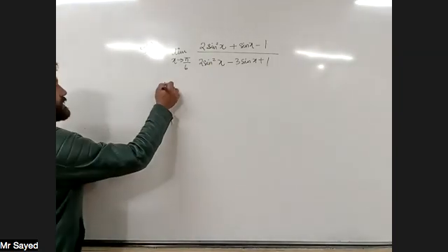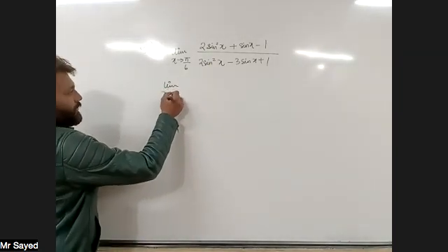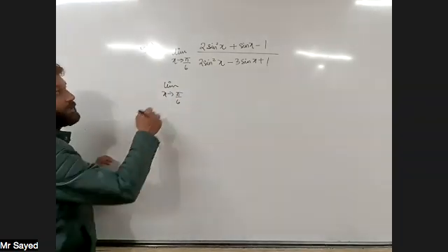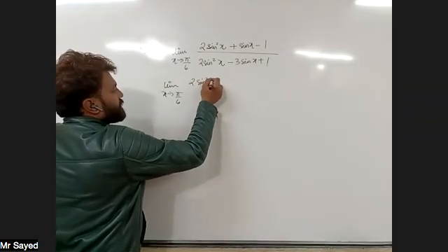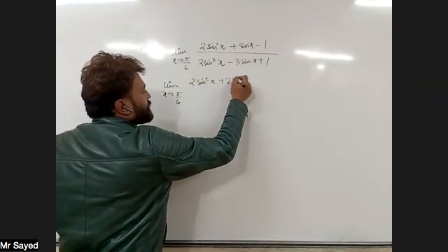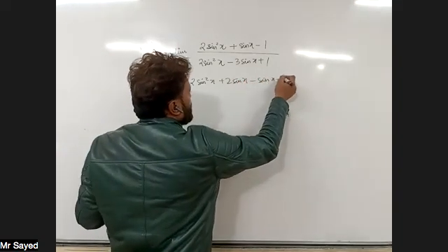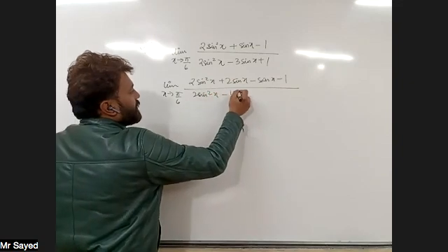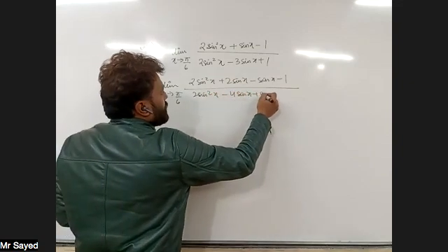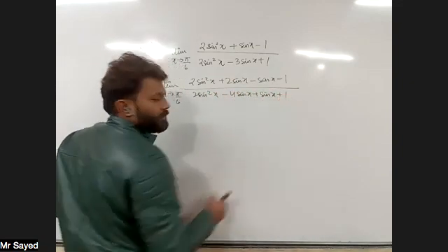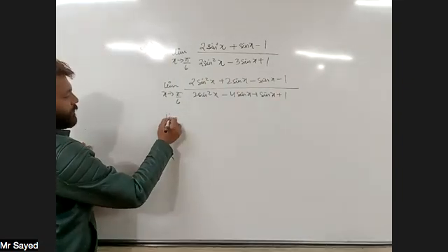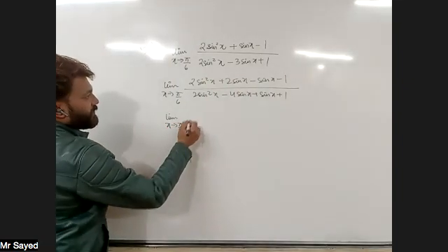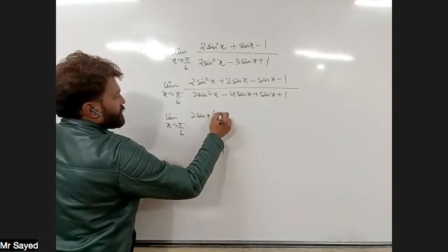यहाँ पर क्योंकि factorization possible नहीं, the way we do it for quadratic equation. So this is 2 sine square x plus 2 sine x minus sine x and minus 1. 2 sine square x minus 4 sine x plus sine x plus 1. Limit x tends to pi upon 6. 2 sine x common.